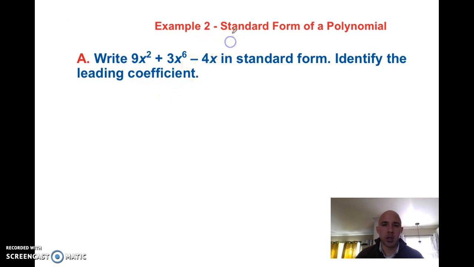In order to write in standard form, you have to make sure you start with the term that has the highest exponent. So this will be our first term that we'll set up, and it has to be in order. This is x^6. This will be my second term, and this will be my last term.